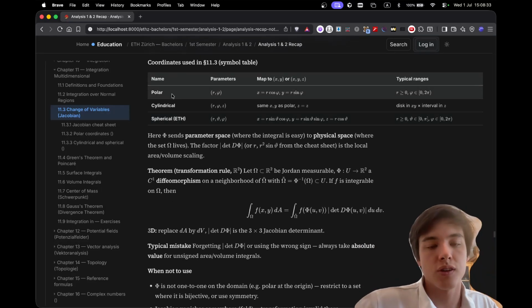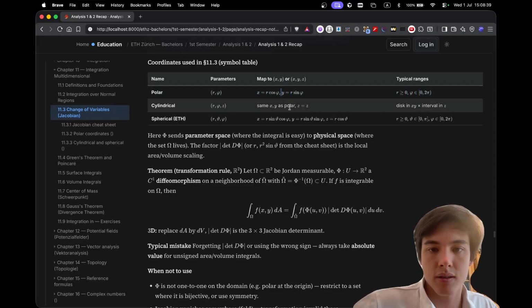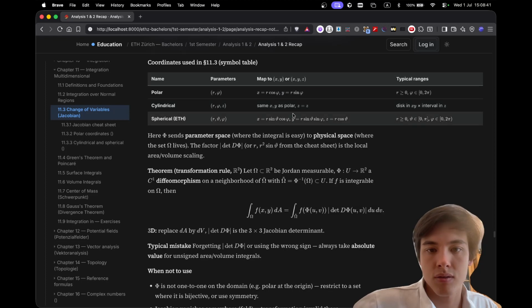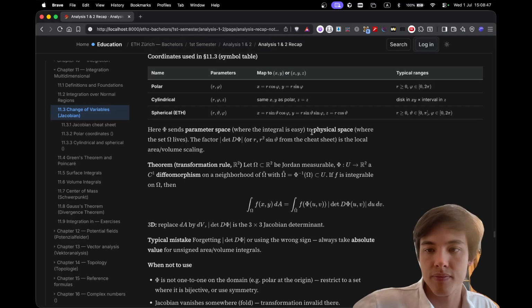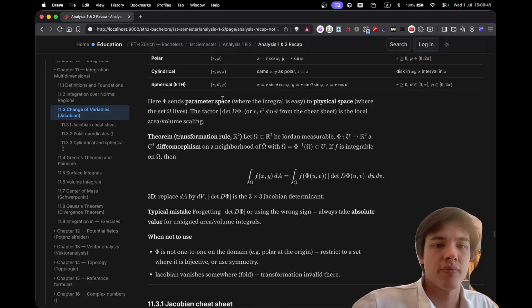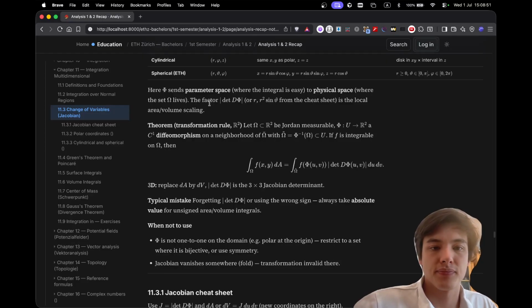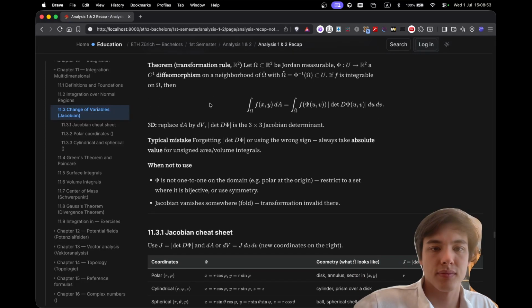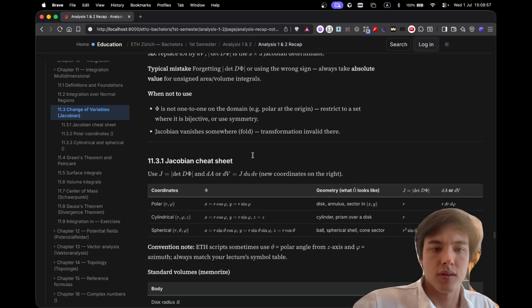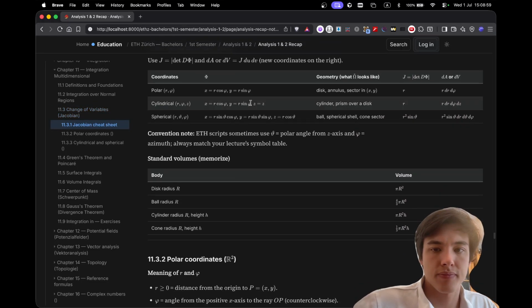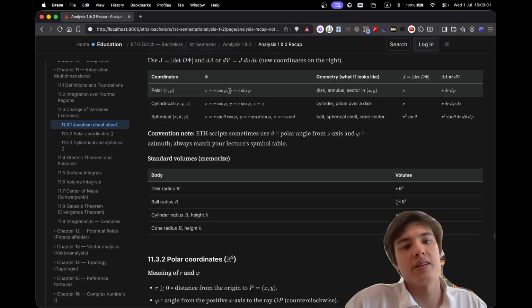But useful to know polar coordinates, how to map, and well, it doesn't say cylindrical, spherical. This is what we already did. So here we see the determinants.